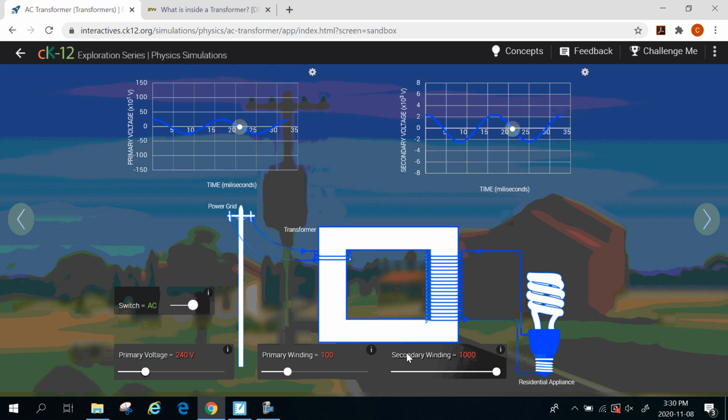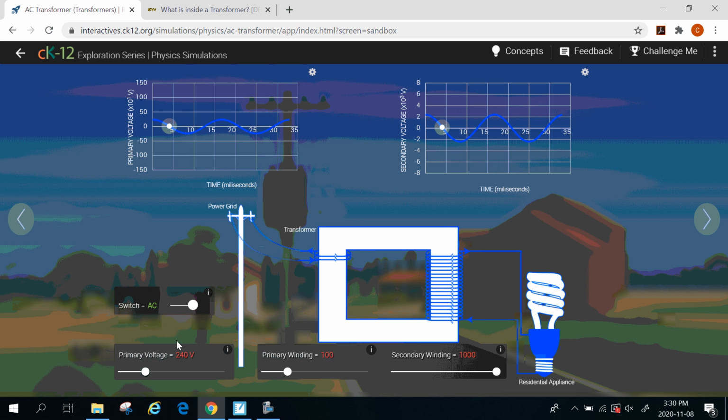So what we have here is a 1 to 10 ratio. We have 10 times more turns on the secondary side than on the primary side. If we have the same thickness of wire, the same gauge of wire, that should make the voltage 10 times greater on the secondary side.